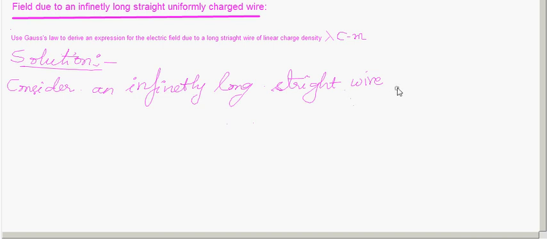Okay. So given, let the linear charge density be lambda coulomb per meter.